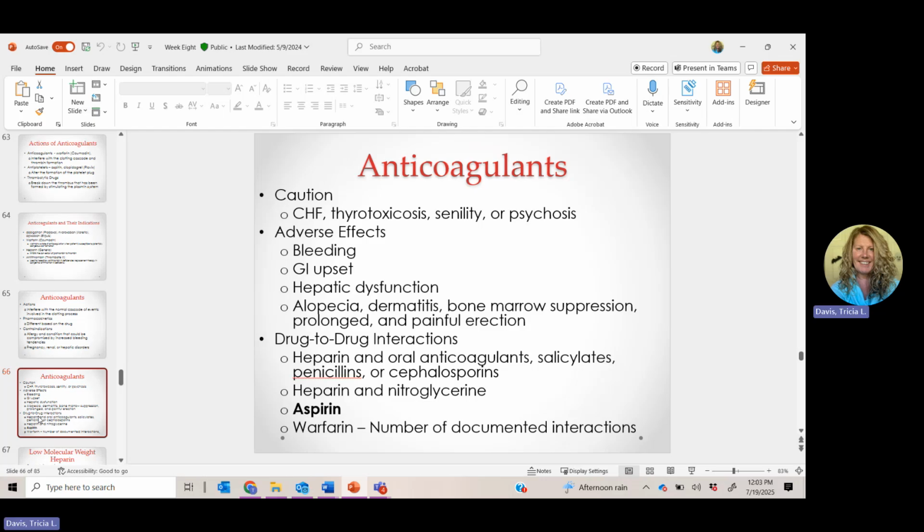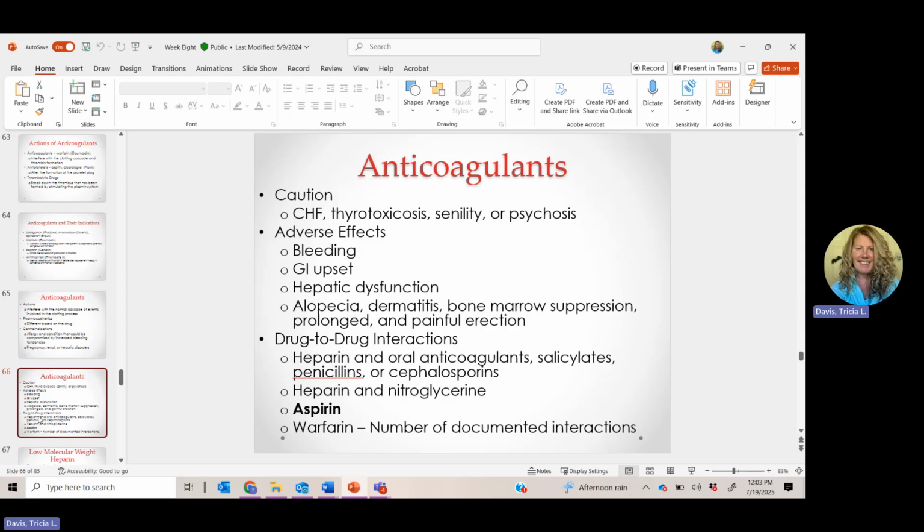All right, we have to be careful. We're going to be watching these patients for bleeding, okay? Bleeding, bleeding, bleeding. We are worried about them bleeding because we are thinning their blood. Worried about liver function, bone marrow suppression. Sometimes patients can develop a painful erection. If a painful erection lasts for 4 hours, this is a problem. We need them to come to the hospital.